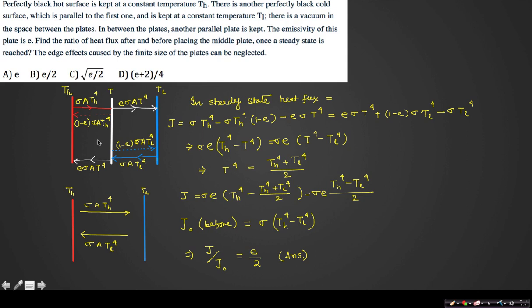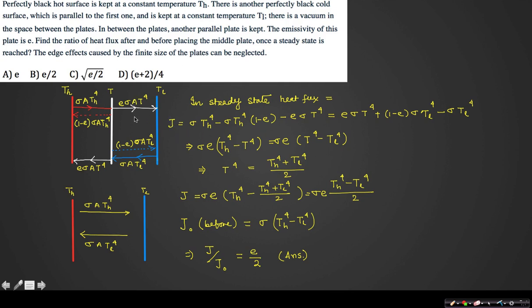Now if I try to write the current per unit area at this place, that will be sigma A TH power 4 minus (1 minus E) sigma A TH power 4 minus E sigma A T power 4. I have divided it by A, so I have got the flux.